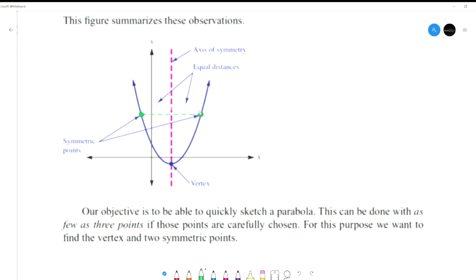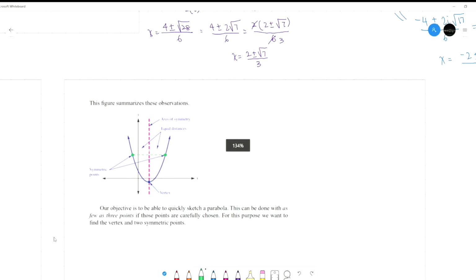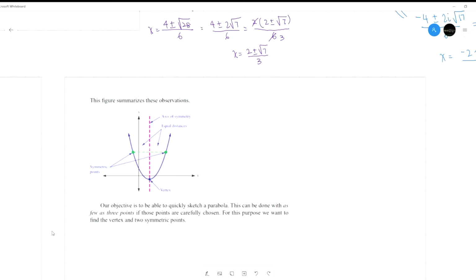Okay, and since this is opening upward, we have a vertex, which is our minimum. Okay, and make sure when you graph these, you graph it with a curve. These are not straight lines that we're drawing here.